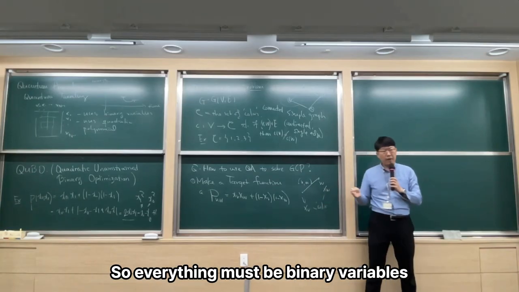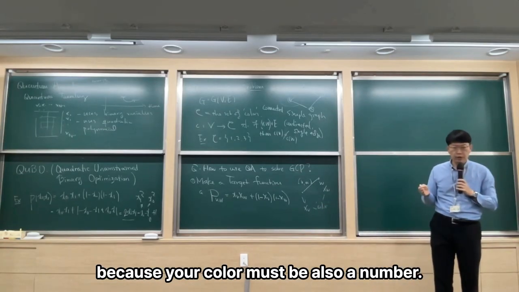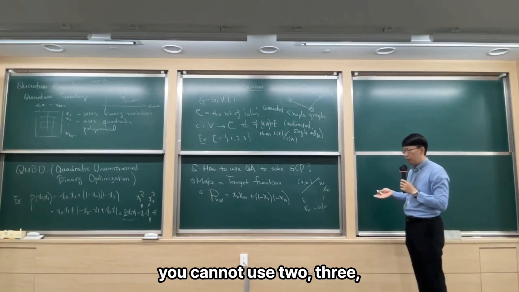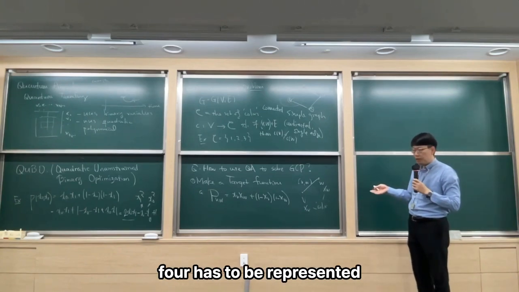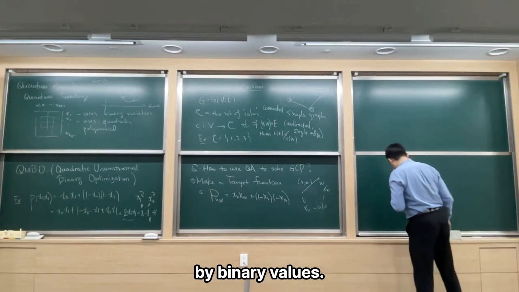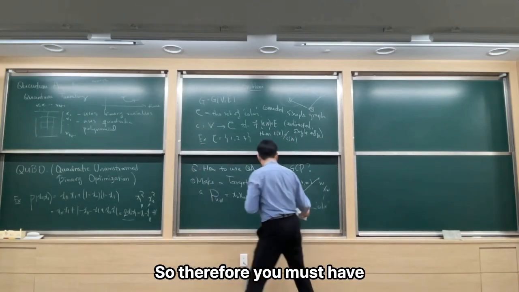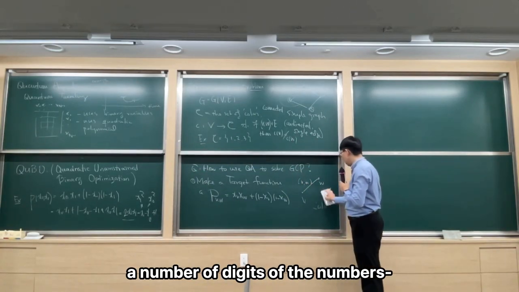Everything must be binary variables, so your color must also be a number. In this case, you cannot use 2, 3, 4. It has to be represented by binary values. So every number has to be a binary number, and therefore you must have a number of digits for the numbers.